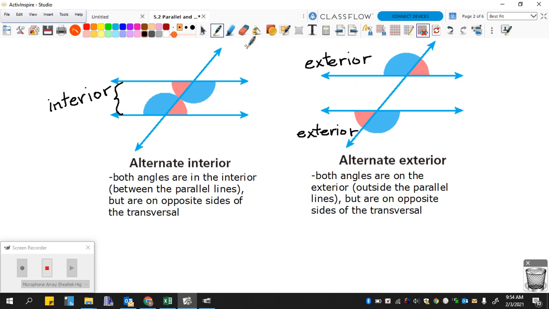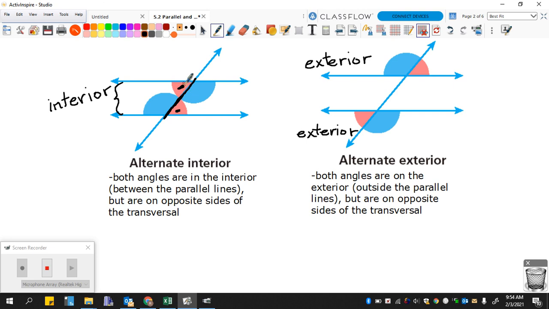So now let's look at how they relate to the transversal. If we're looking at this red one right here, you notice that that's to the left of this transversal. See, the transversal goes through there. So this is to the left of the transversal, and this is to the right of the transversal. So that means they're on alternate sides of the transversal.